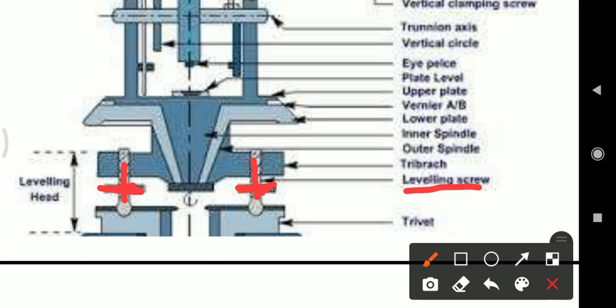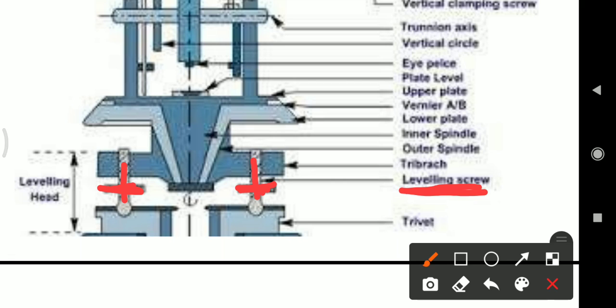With the help of these foot screws, we make the theodolite exactly horizontal and the vertical axis truly vertical. This leveling foot screw is used in theodolite traversing for leveling purpose.